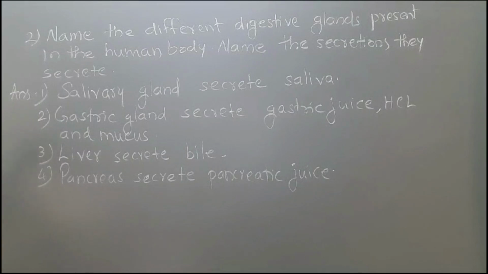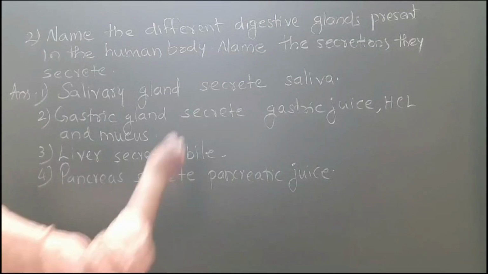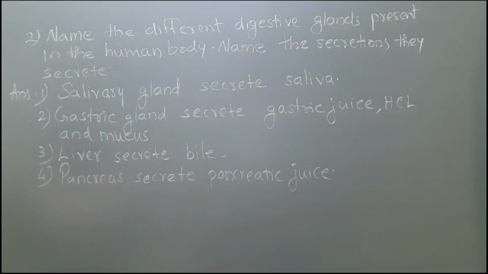Next question. Name the different digestive glands present in the human body. Name the secretions they secrete. Answer. There are 4 glands. Number 1, salivary glands.